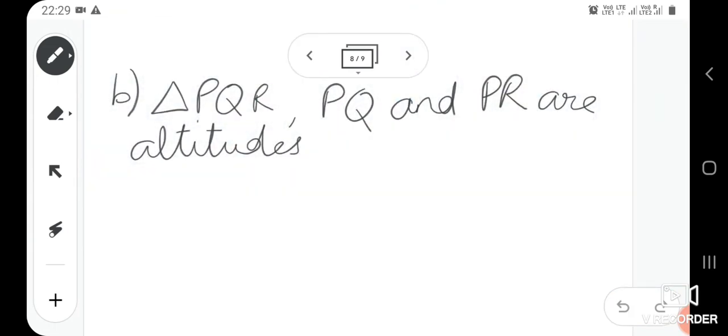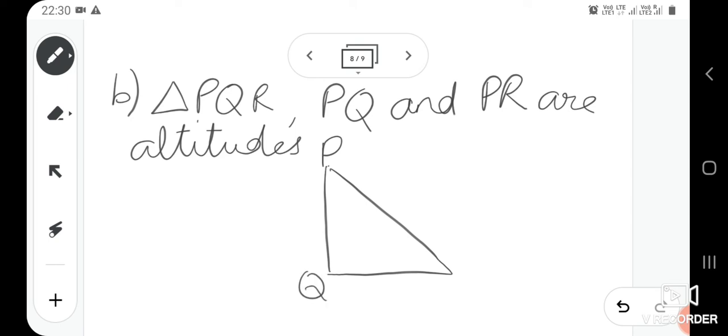Next, B part is draw triangle PQR such that PQ and PR are altitudes. Now they are saying there are two altitudes, two lines which are perpendicular. So you know it is possible only in case of a right angle triangle. Because if we take here PQR, now this is a right angle triangle.